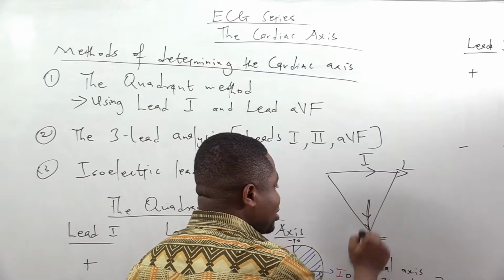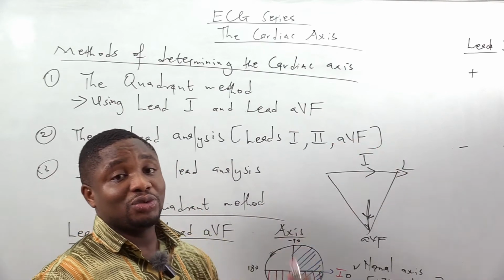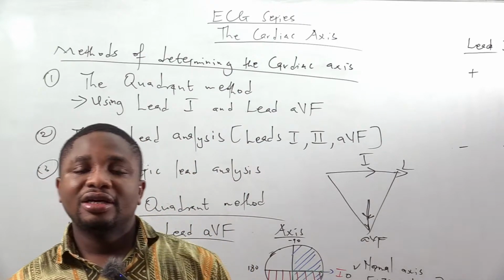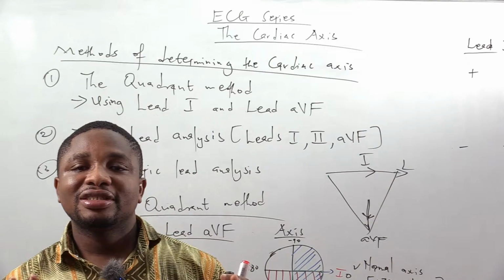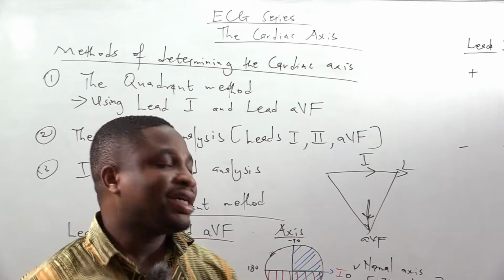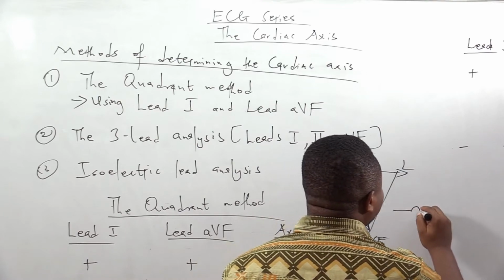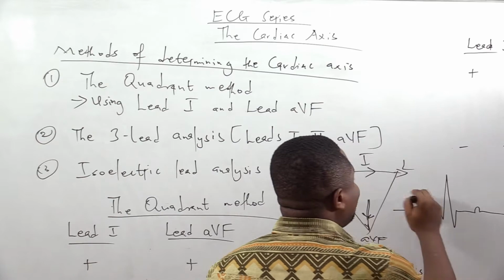The ground. It's coming inferiorly. Whilst lead 1 is moving to the left. Now, to use the quadrant method, you will be looking at the QRS charge. If I say QRS charge, then look at the ECG waveform. We are having, so this is our PQRST.